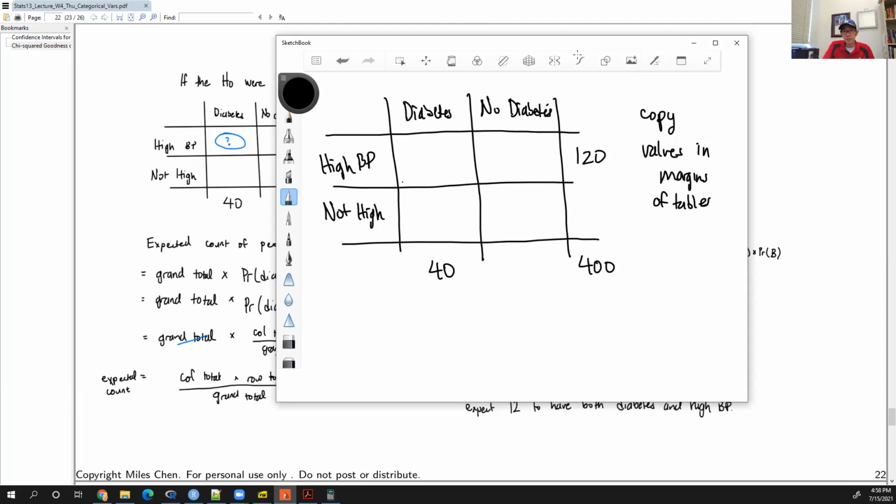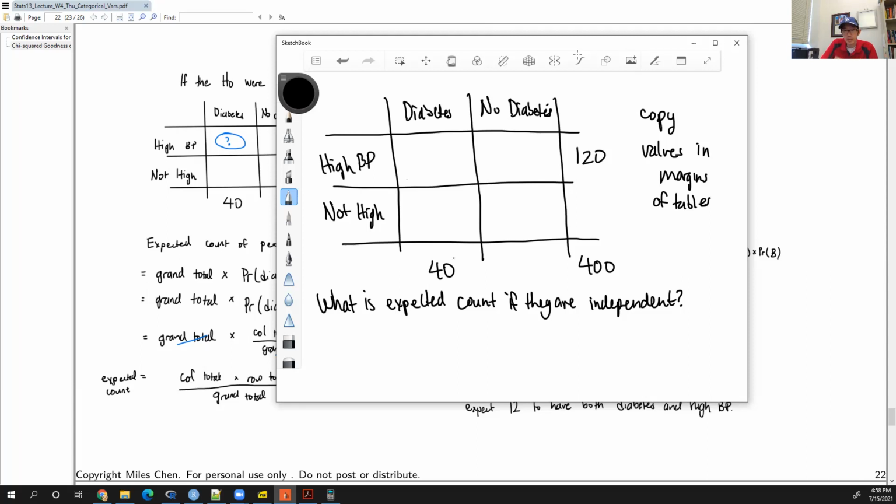All right, and so the question is, what do we expect goes here? What is the expected count if they are independent? If we're expecting the two things to be independent, what would we expect to go in this spot right here?